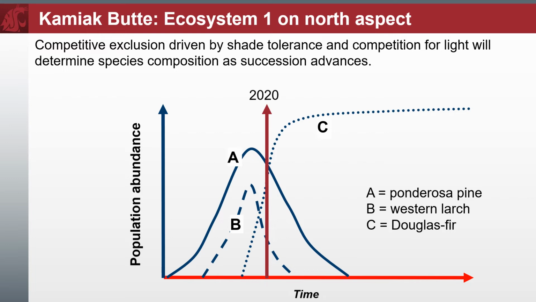Succession walks them through time to discover their ability to become self-replicating communities existing in all forms of ecological stress they face. On the north aspect of Kamiak Butte, we can see how these species compete for the limited resources, but it is Douglas fir that will capture the self-replicating title. It can sustain some amount of shading while it's young, and its long life will sustain it for centuries.